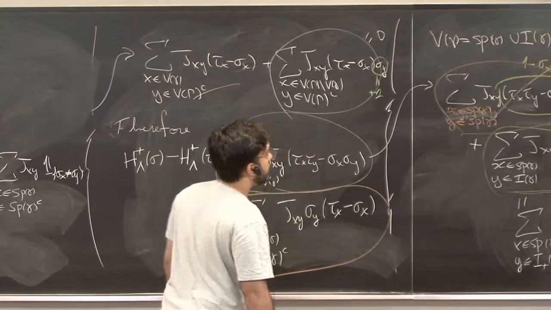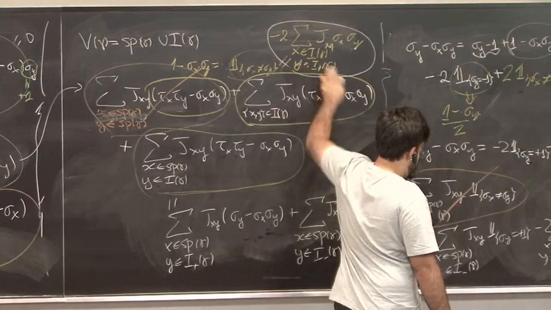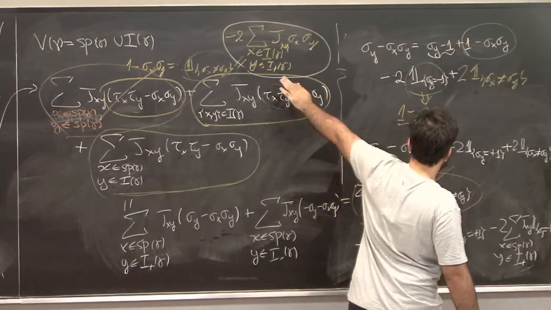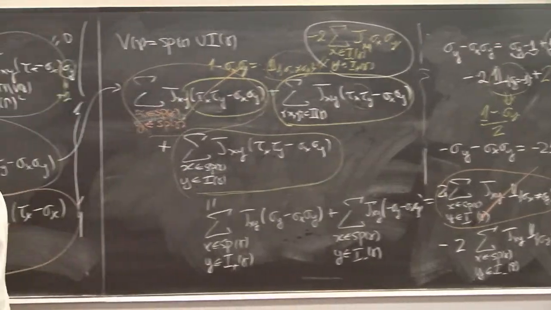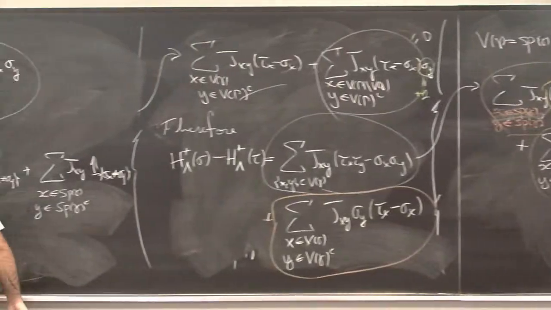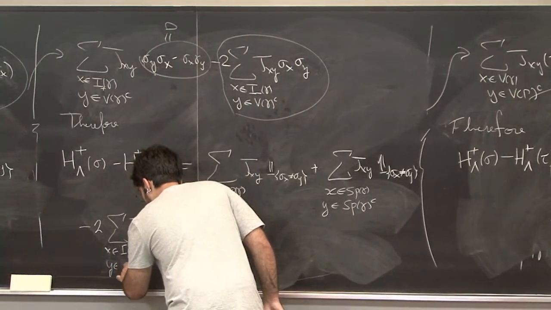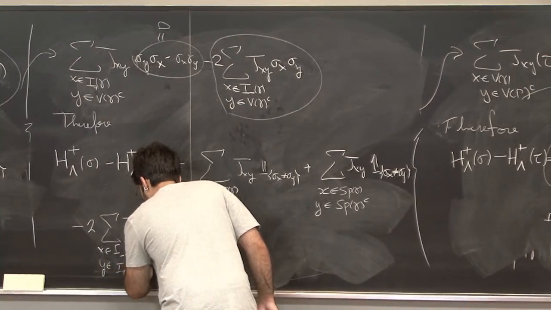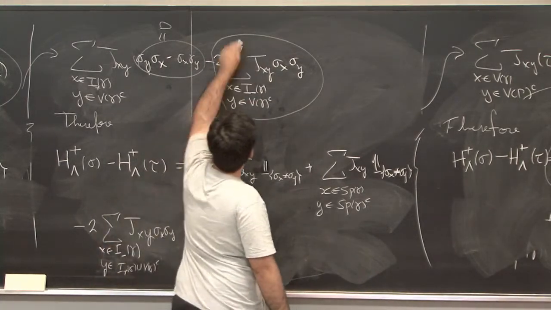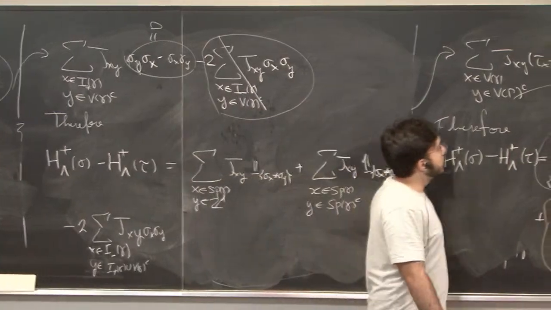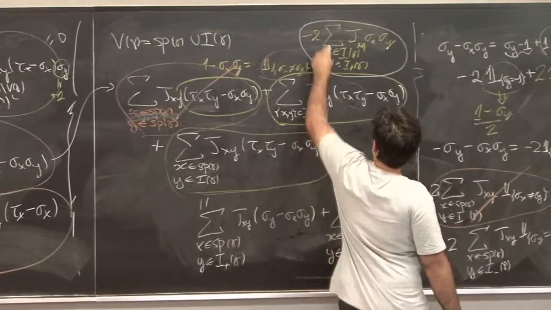So the union of the plus interior with V gamma C, sigma x, sigma y. V gamma C, okay, so this one was okay, and this one.